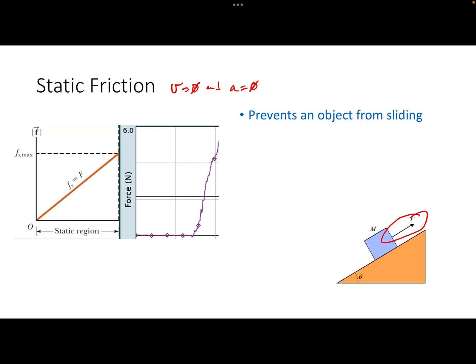But we can create forces of static friction in any direction by creating overall applied forces in any direction. If I have an object on a ramp and I apply a force up the ramp, then I can potentially eliminate or reverse the force of static friction.